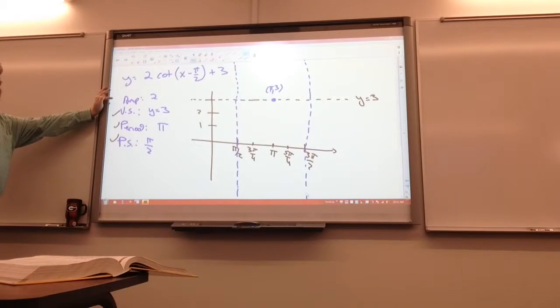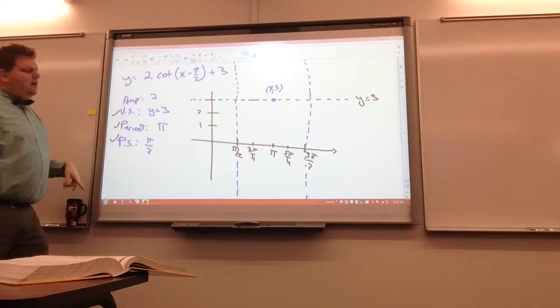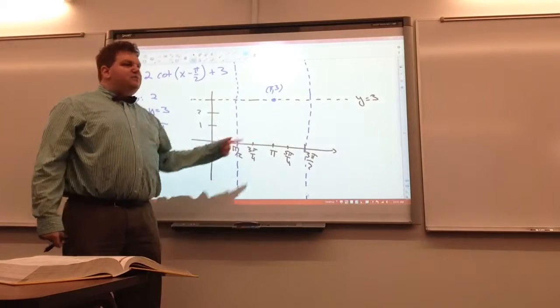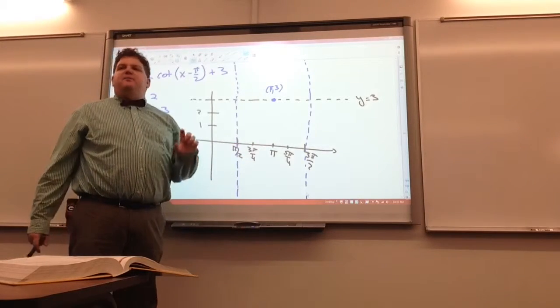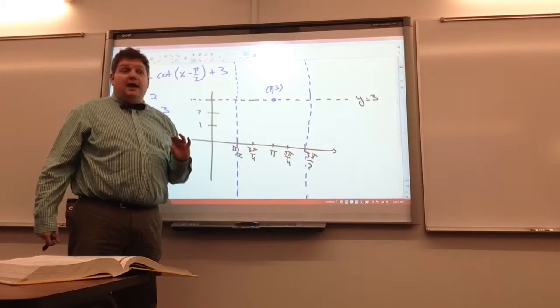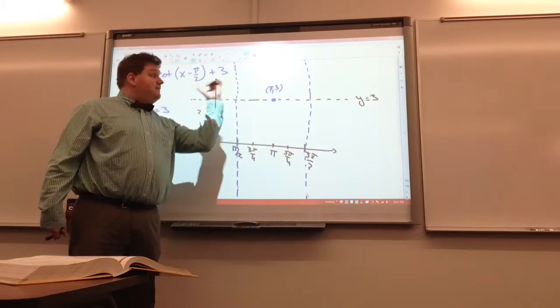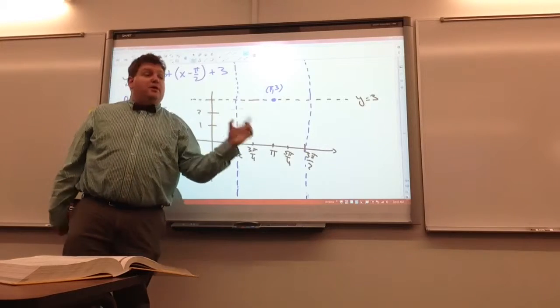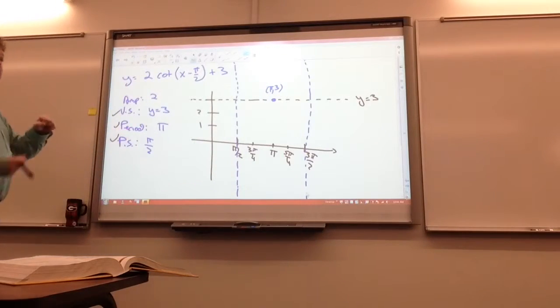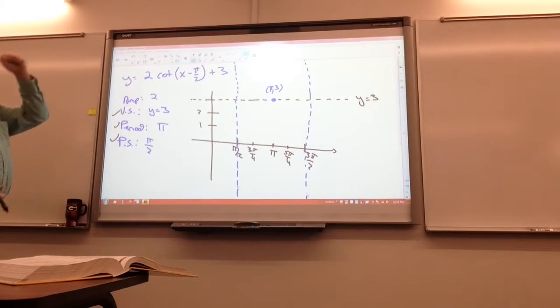How I'm going to indicate that is the reason I marked 3 pi over 4 and 5 pi over 4 is those quarter locations in between everything, that's going to be where the cotangent would normally be equal to 1 or negative 1. Okay? In this case, because I have an amplitude of 2, it's not going to be 1 or negative 1, it's going to be 2 or negative 2. Does that make sense to everybody? We're stretching it out by 2.